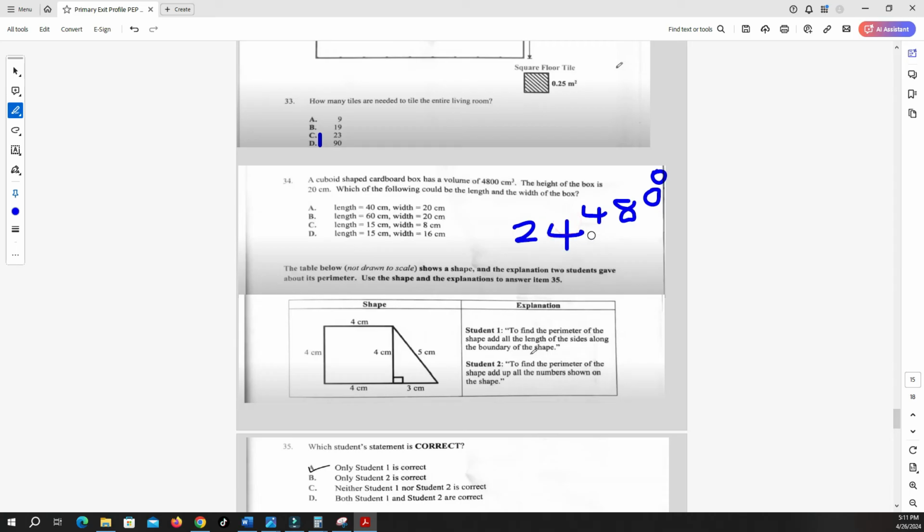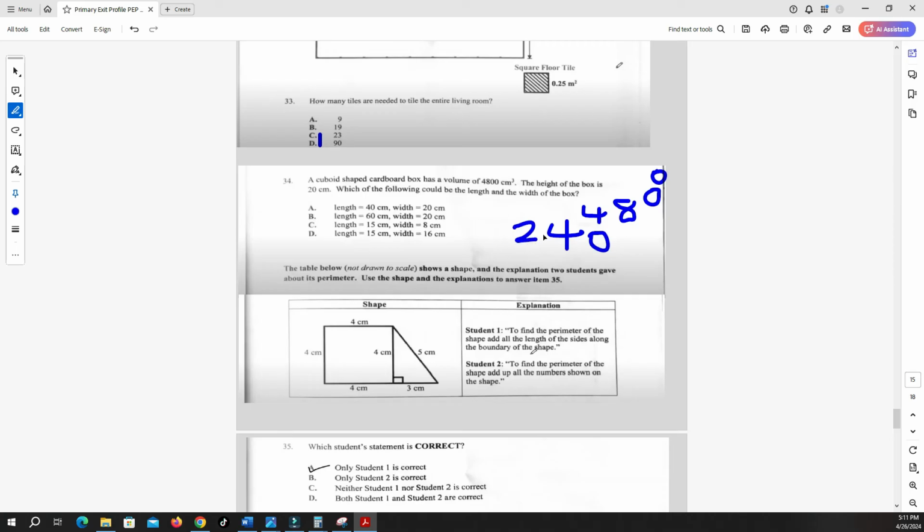So that should be 240. So if it's 240, what we're trying to do here, so we know that the height is 20. We want to know the area. So the area would be whatever it is that can work out to be 240. What two numbers can work out to be 240?